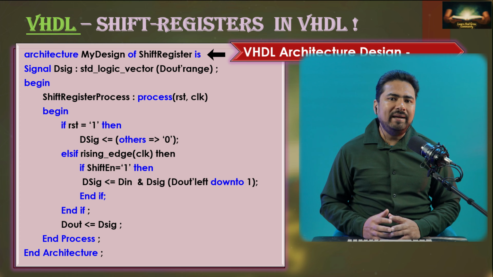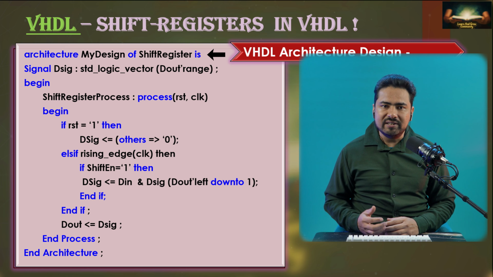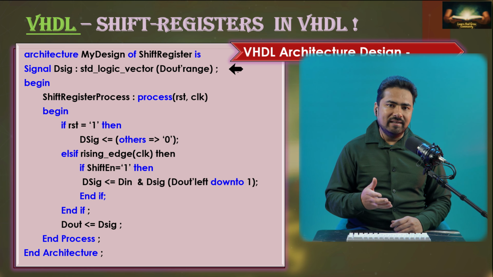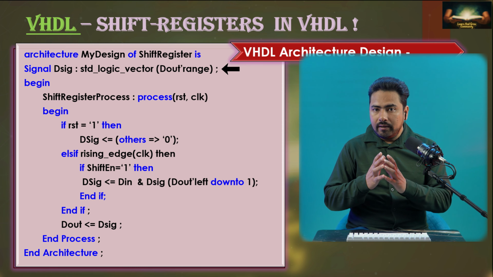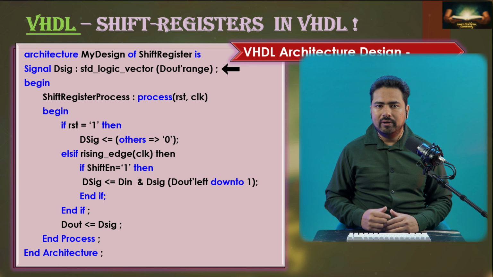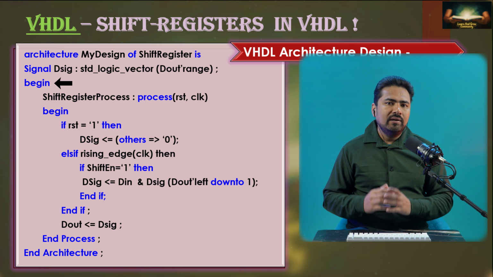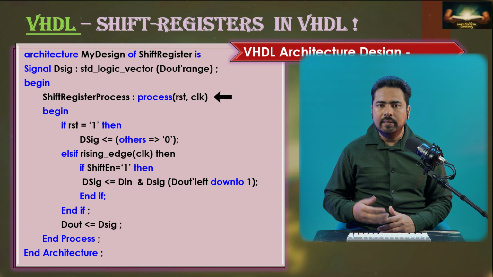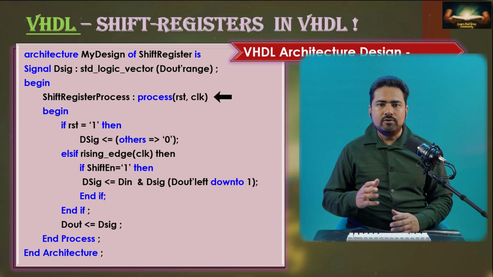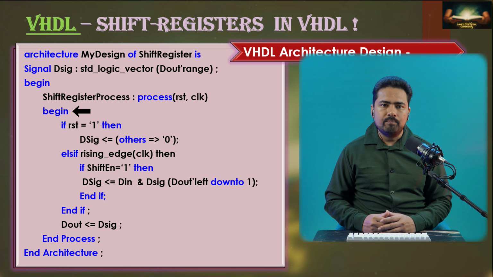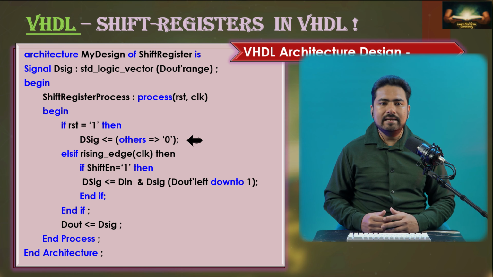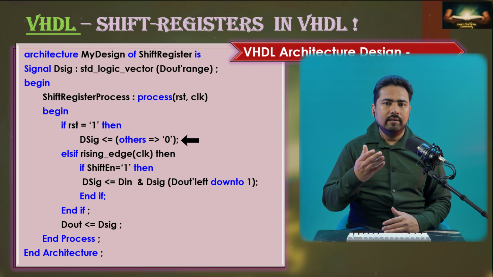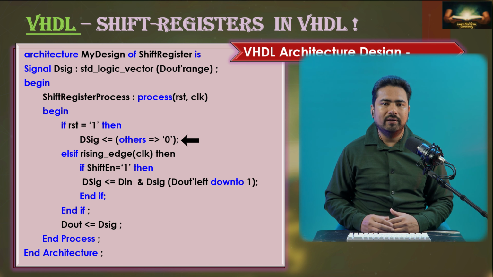Architecture my design of shift registers is signal D6 colon STD logic vector D out range semicolon. Begin shift register process colon process reset comma clock begin. If reset equals 1 then D6 gets the value of others are 0 semicolon.